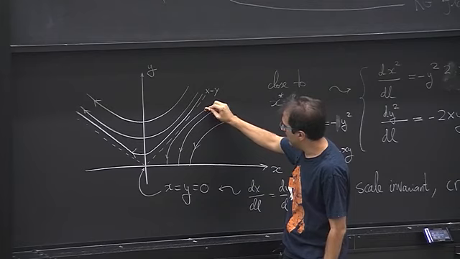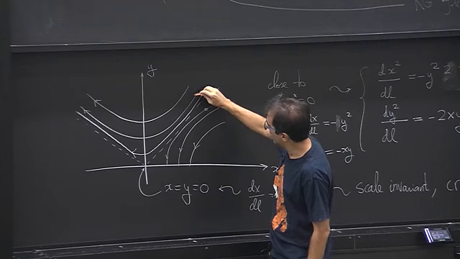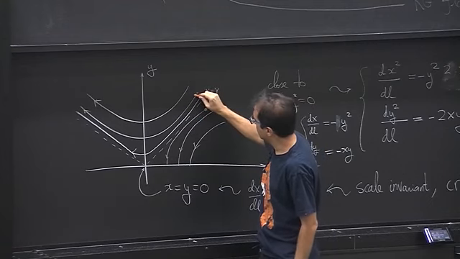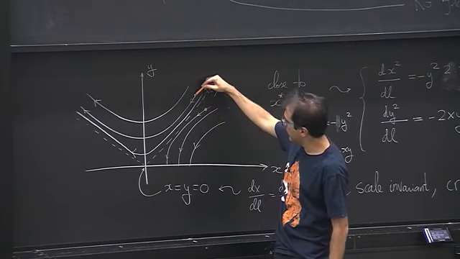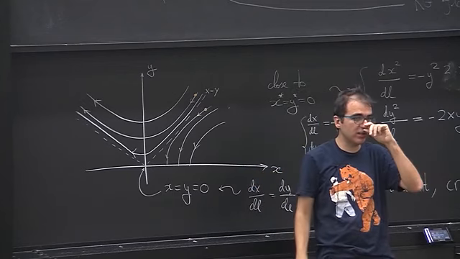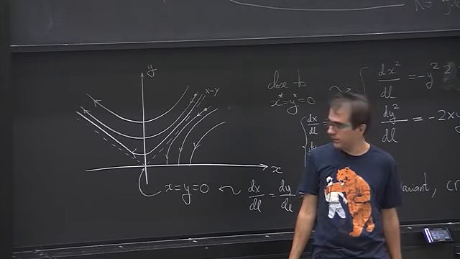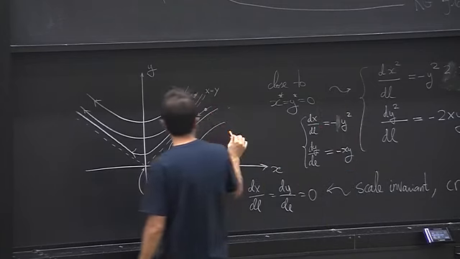I could be here, and I flow here, or I could be here, and I flow there. So these two points are very different. If I start from here or start from here, my fate when I zoom out is totally different. Right? So what is happening? So let's analyze both cases.